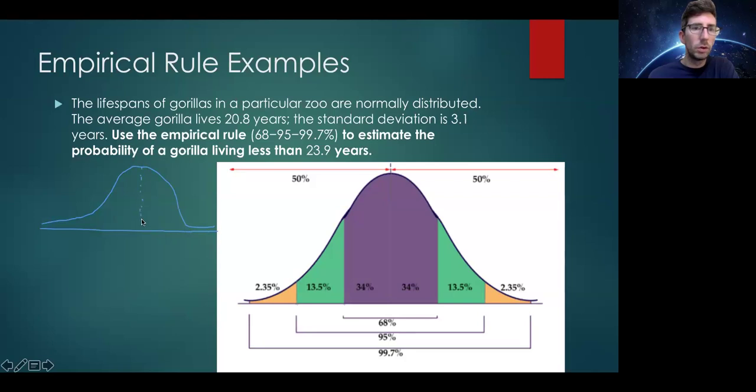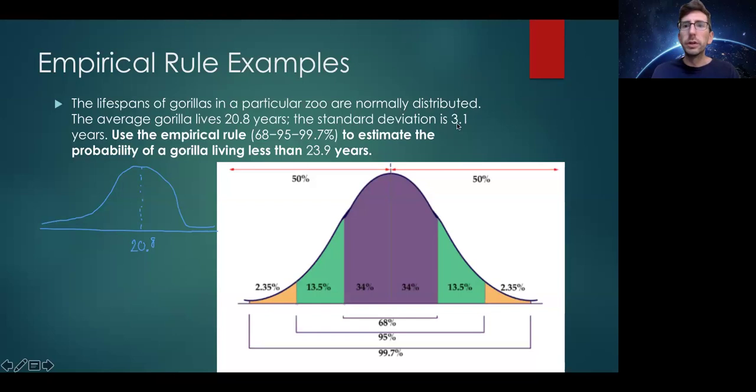We can draw a little dotted line. This will be our mean. The mean is at the center of every normal distribution. So for this particular normal distribution of gorilla lifespans in this zoo, we're given that the mean is 20.8, so that goes in at the center of our distribution.